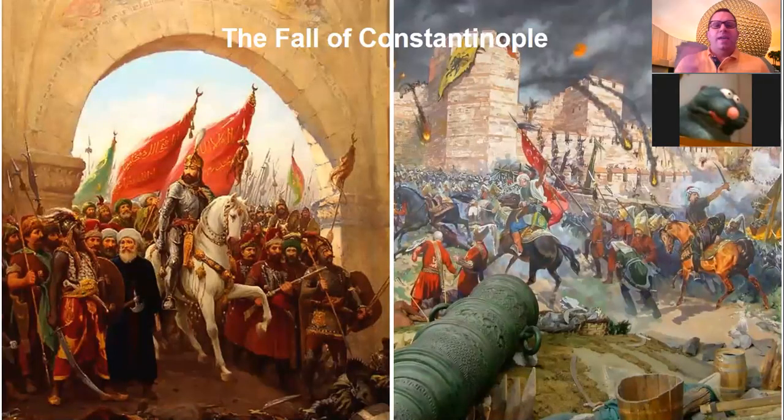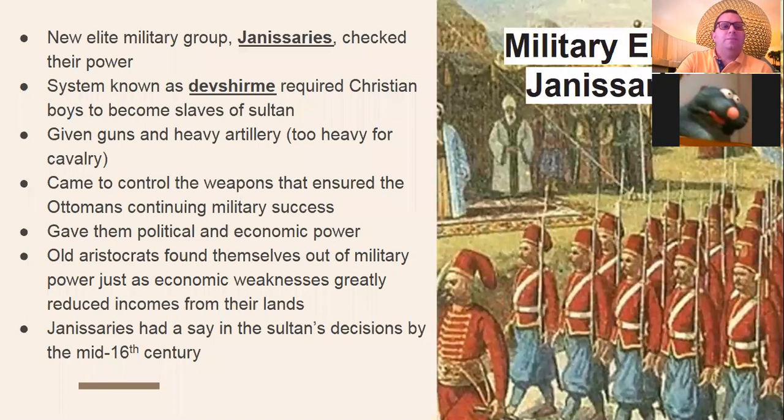Now, again, I can't stress enough the importance of the fall of Constantinople, okay, when it becomes renamed as Istanbul. One of the other achievements of the Ottomans, as I mentioned at the very beginning in the objectives, is that they created a full-time, very powerful, and very elite military force called Janissaries, okay?